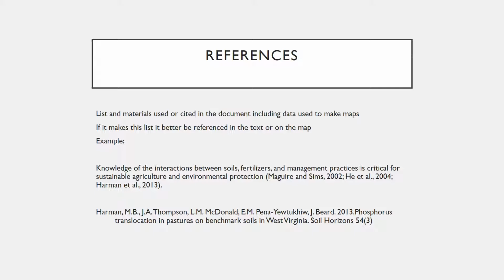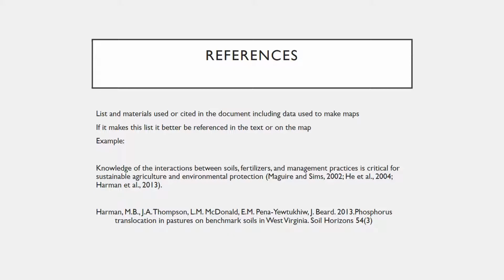And then the citation for that, for example, I'll show you the one from my paper, the Harmon et al. 2013. It's Harmon MB. So the first author, it's last name first followed by initials. And then all the rest of the authors, it's initials and then last name.